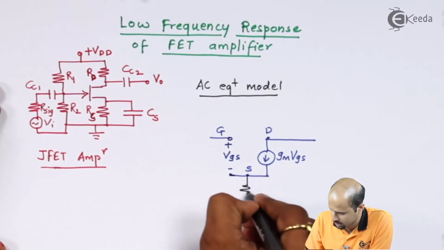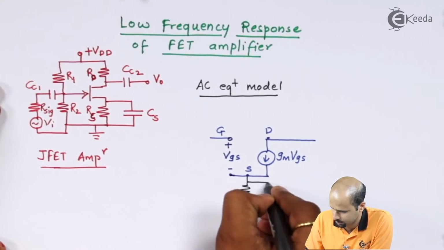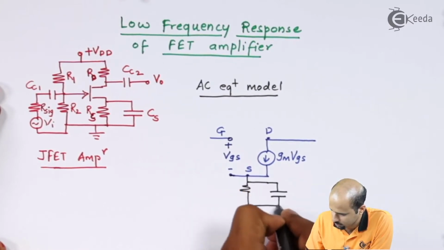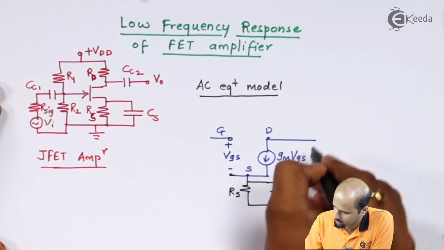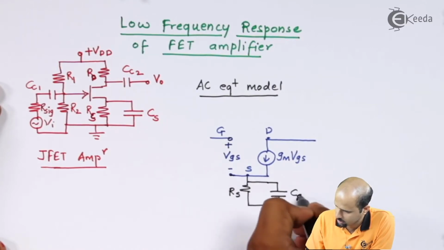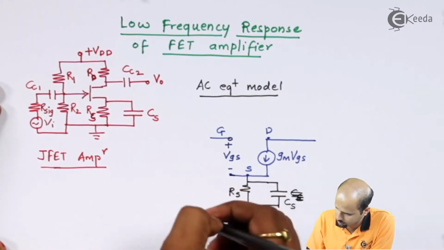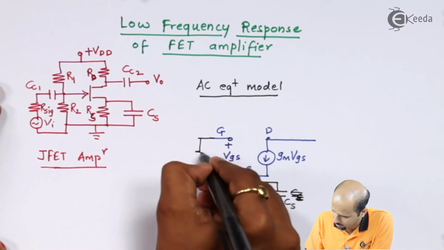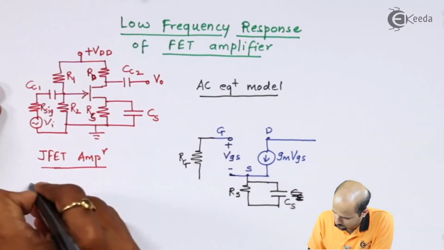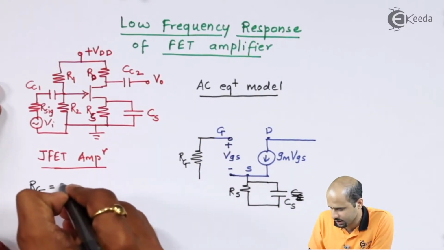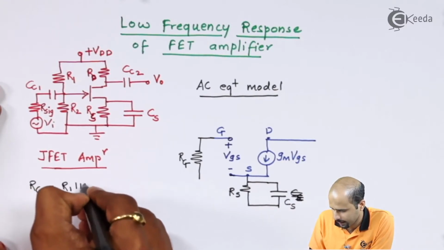So we will draw this RS, and we'll consider that RG is equal to R1 parallel R2.